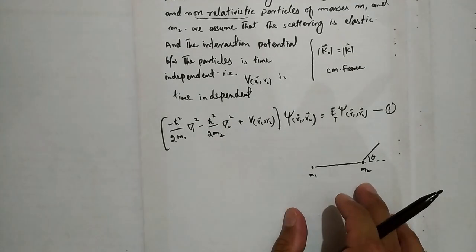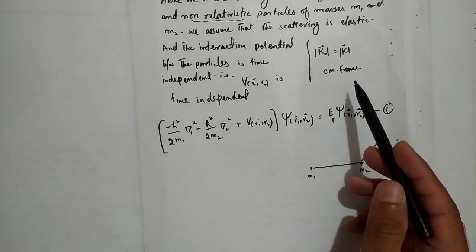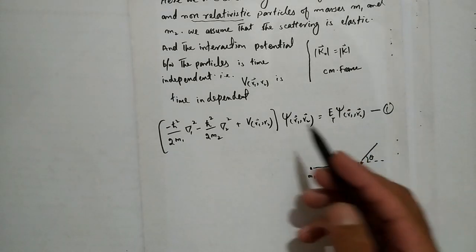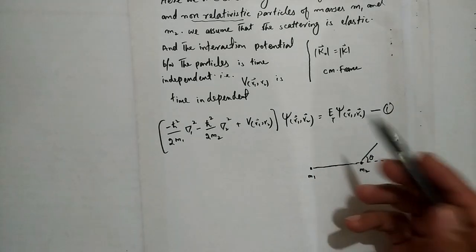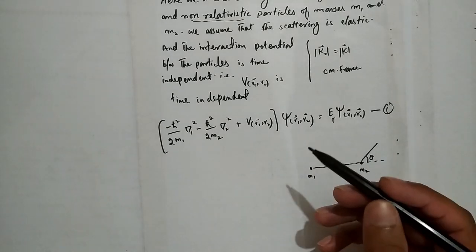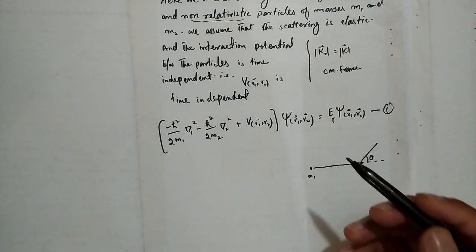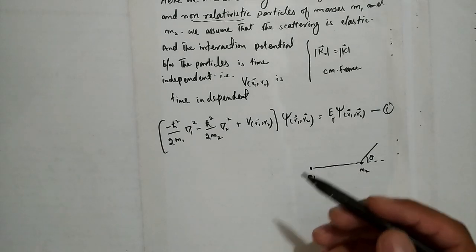This is a two body problem, and we are using the center of mass frame, and we know that we can transform from the two body problem to a one body problem by assuming a fictitious particle which has the reduced mass.